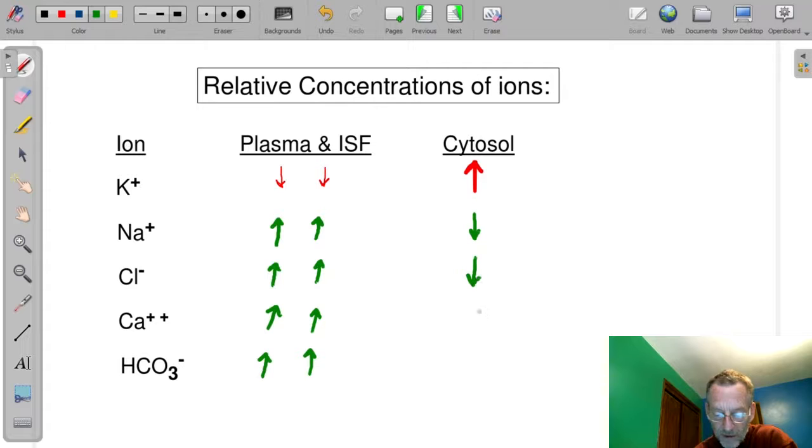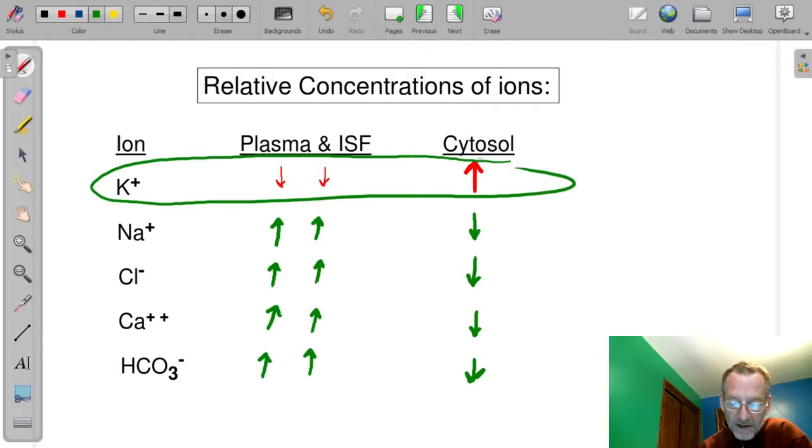Again, we're just dealing with relative concentrations. So really, all you have to memorize is that most of the potassium is inside the cell. If you have that, then you should be able to figure out the rest of them. If it's high inside the cell, potassium is then low outside. Everything else is reversed. But you should be familiar with that table and be able to answer those kinds of basic questions.